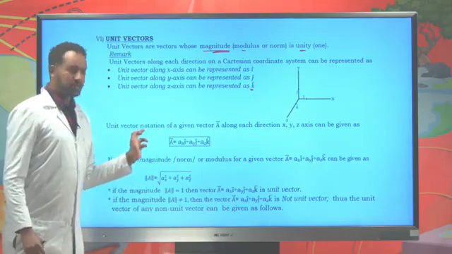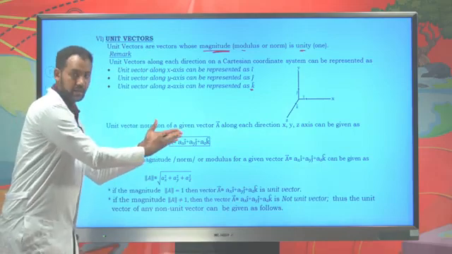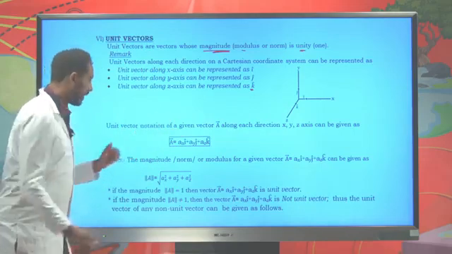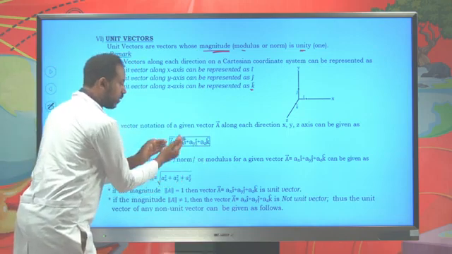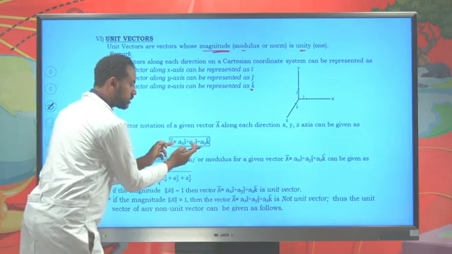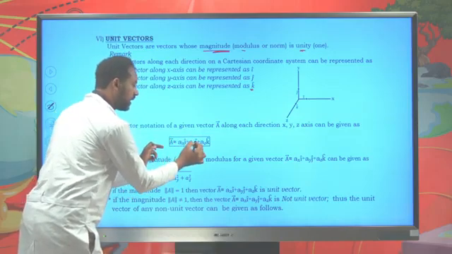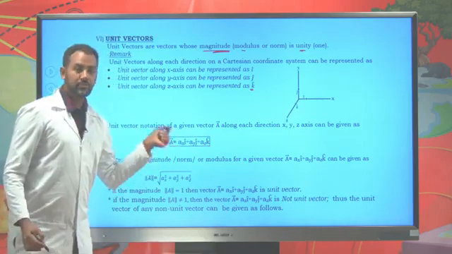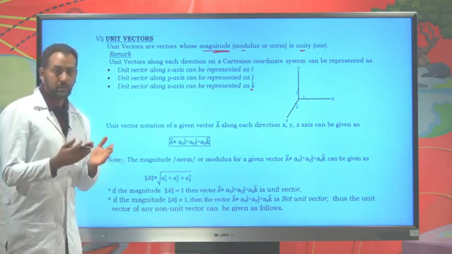Here, how do we represent the unit vector? Suppose you have vector A, and it's possible to represent it using i, j, and k: Ax in the i, Ay in the j, plus Az in the k. This means the components of this vector along x, along y, and along z can be represented using i hat, j hat, and k hat. This is what we call unit vector notation form. And how do we determine the magnitude of this?